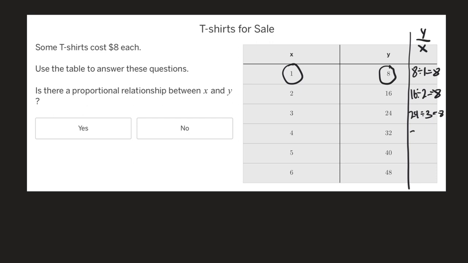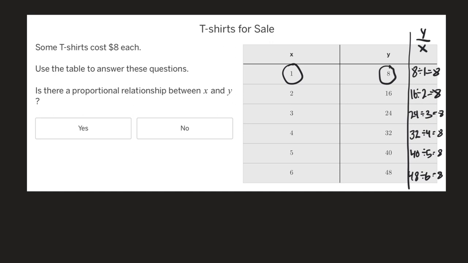So this is looking good. 32 divided by 4 is 8. 40 divided by 5 is 8. And 48 divided by 6 is 8.